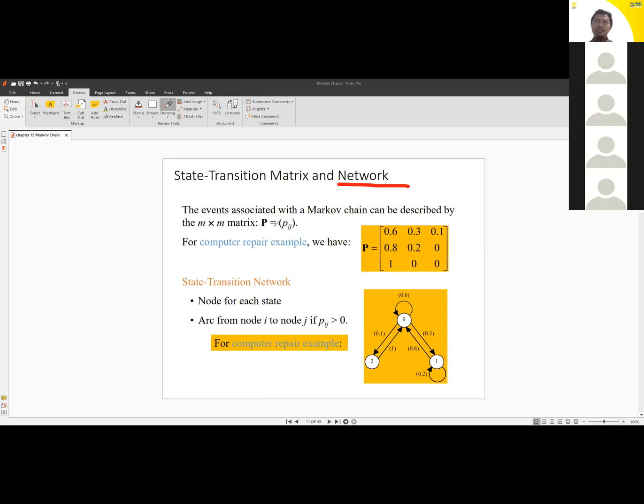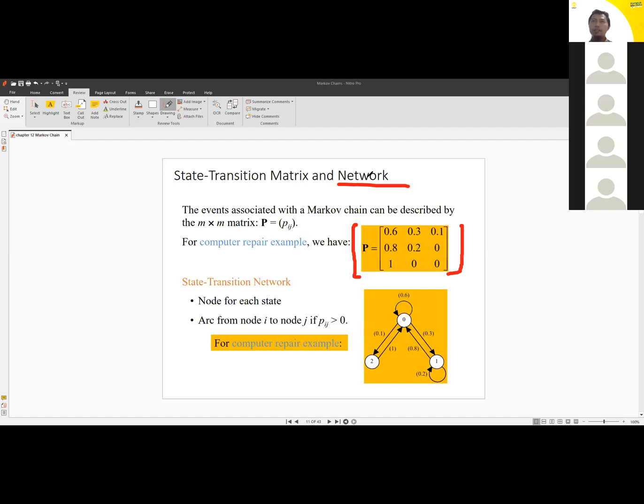So in this case, once we have the transition matrix, we can make a chain. We can make networks. Kind of this one.